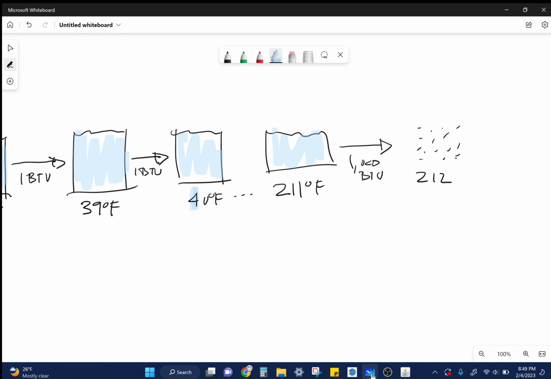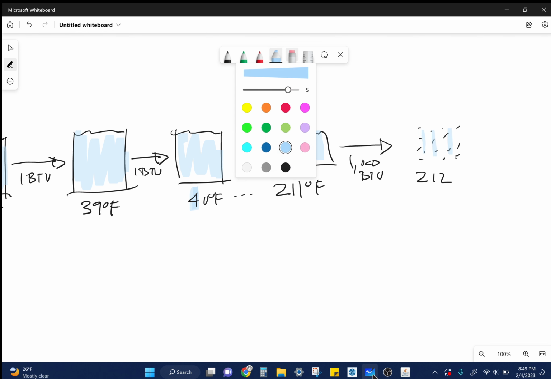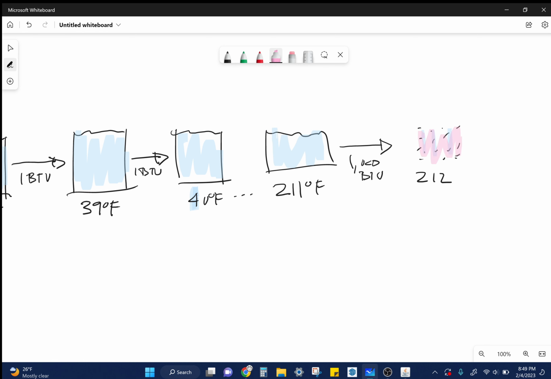And now this is going to be water vapor. So this is a lot of energy that it takes to go from here to here, and evaporative cooling takes advantage of that.